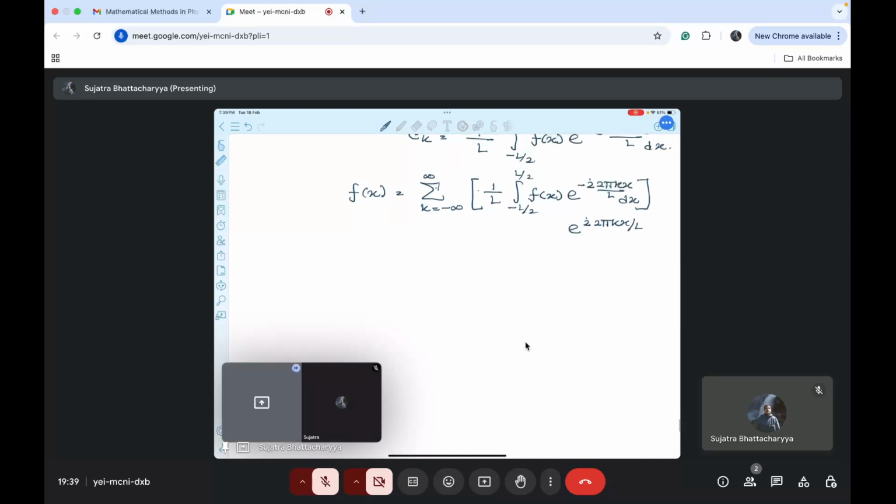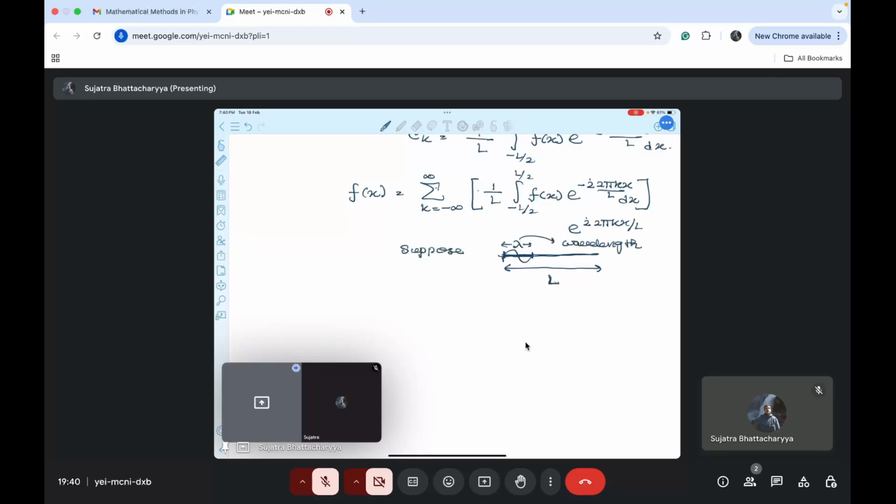Fine. Now, suppose you have a piece of length, whose length is actually L. And let us say I represent a wave with wavelength lambda. Okay, this is wavelength.